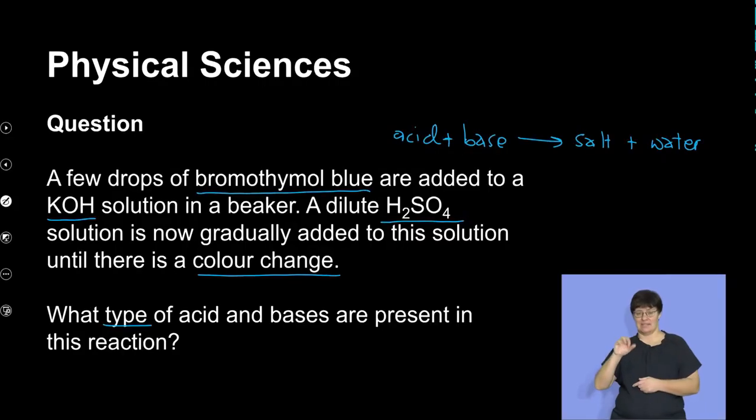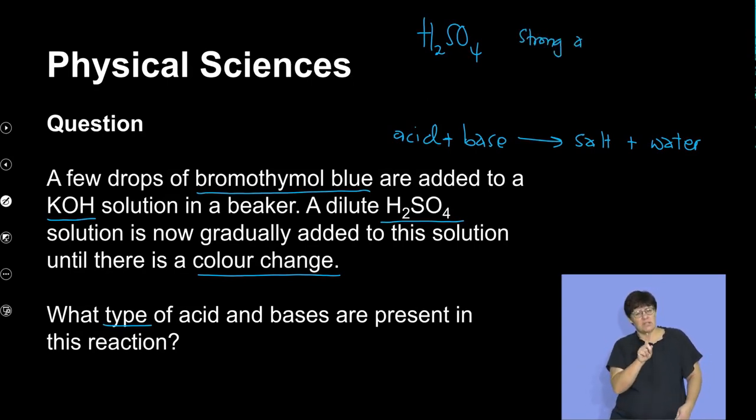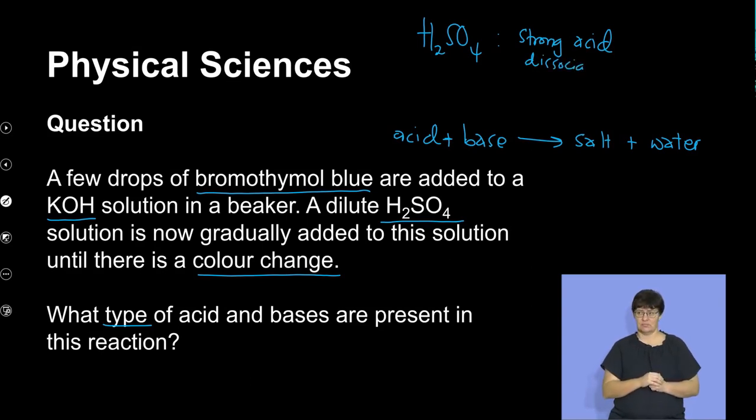Now, if you look at sulfuric acid as a solution, this is actually a strong acid, right? What determines the strength of an acid is that this acid dissociates completely. So in solution, sulfuric acid dissociates completely, okay? So there's complete dissociation.